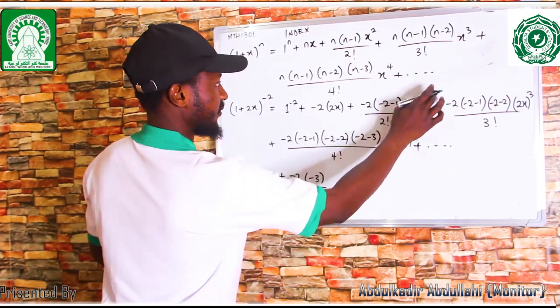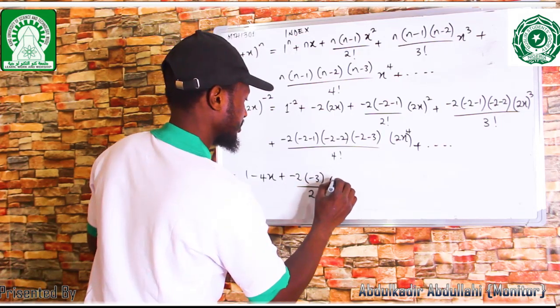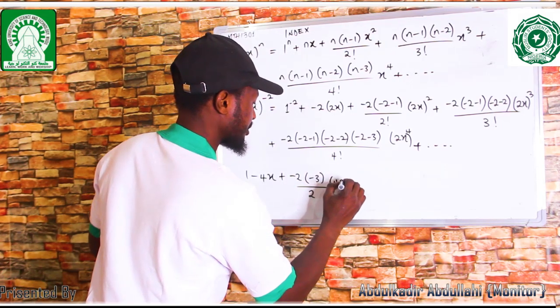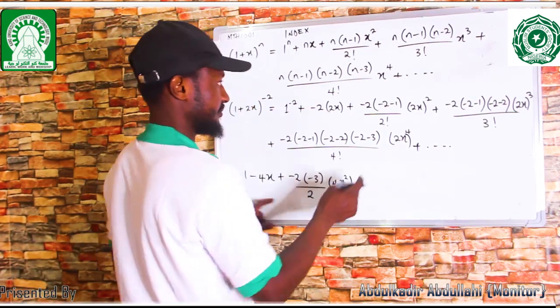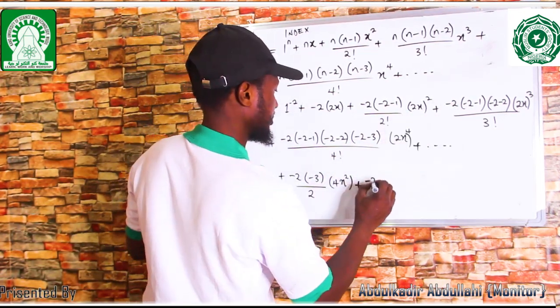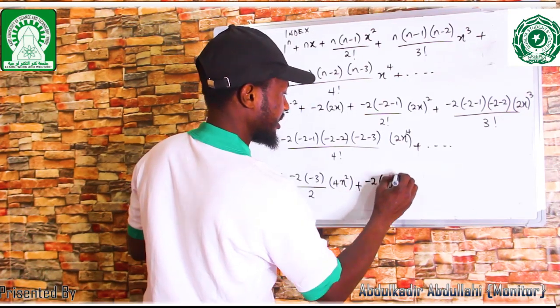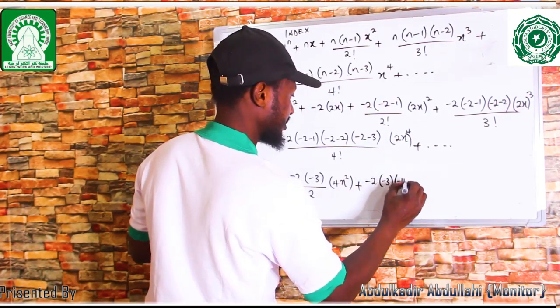Then 2 power 2 is 4, x power 2 is x squared, plus minus 2 into minus 3 into minus 4.